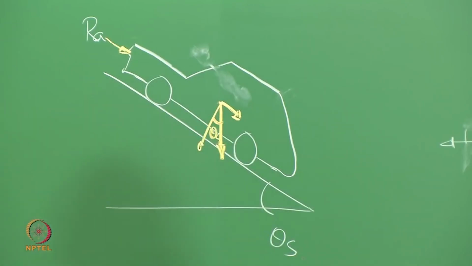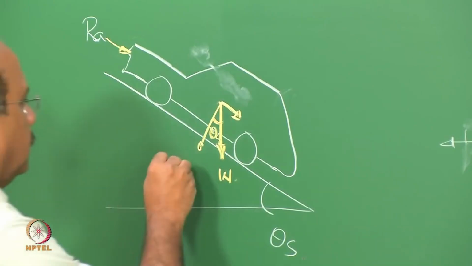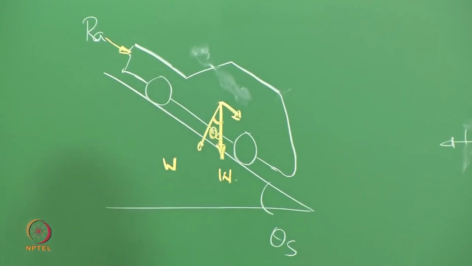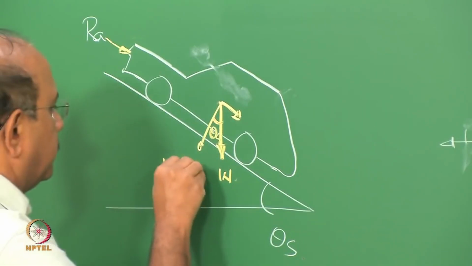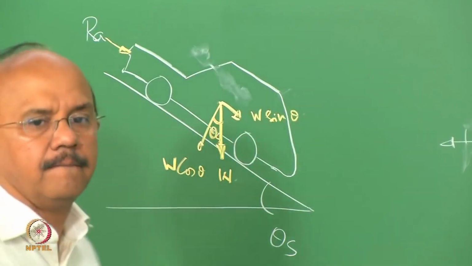So, if I call this W, then we have W cos theta and W sin theta.